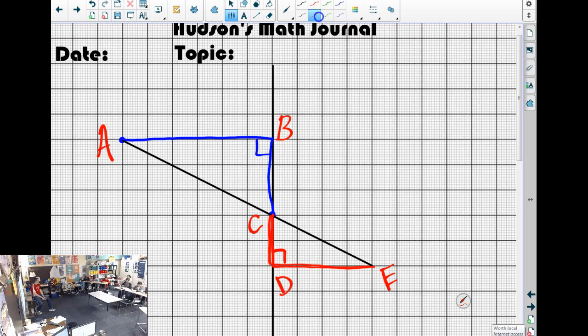We are able to prove these triangles are similar. Take 30 seconds to think about how. Just in your own brain, think about how we can prove these are similar. We only have one angle right now.